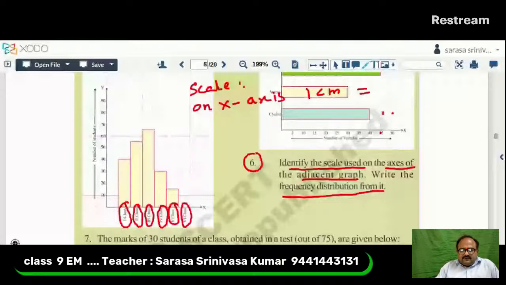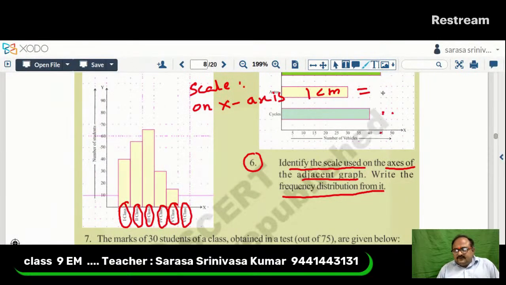So 1 centimeter equal to one class interval.